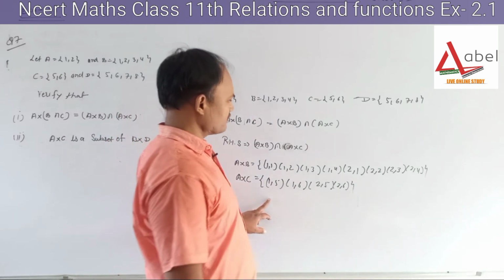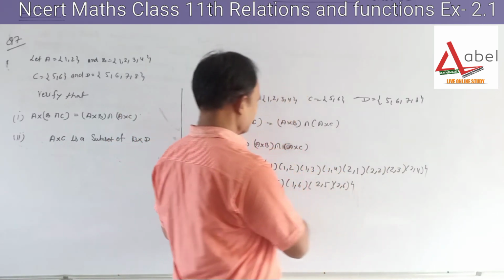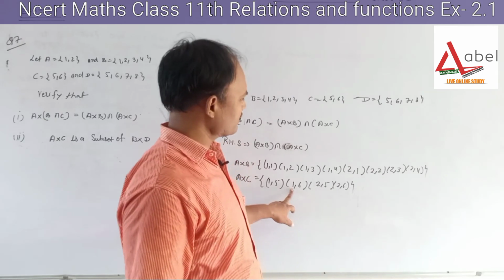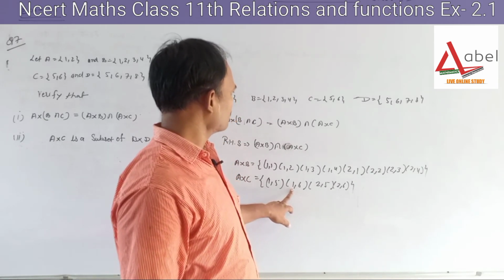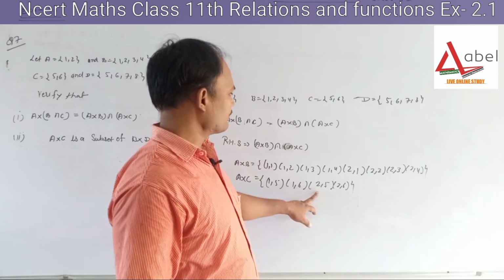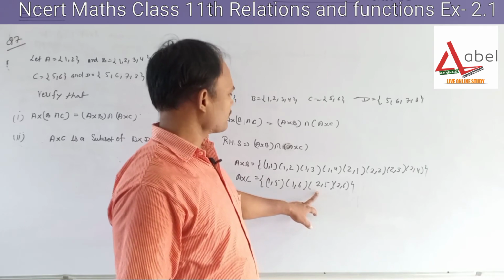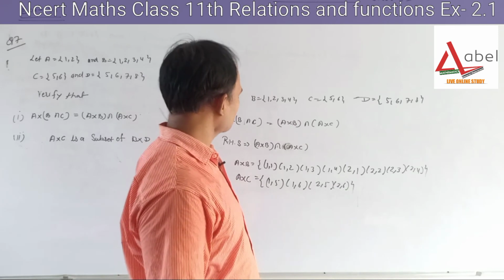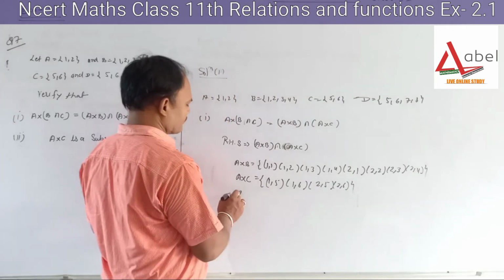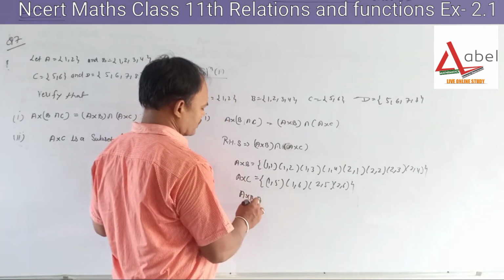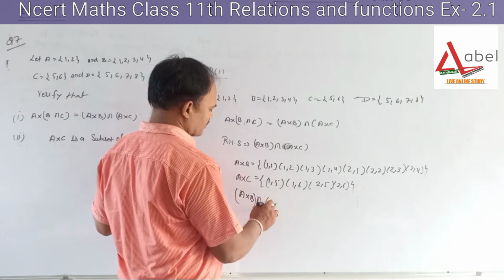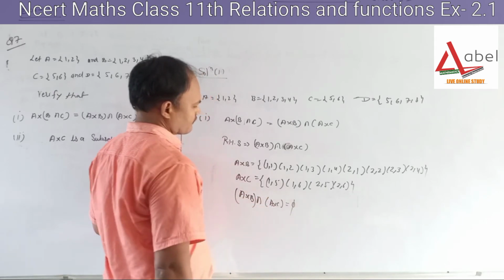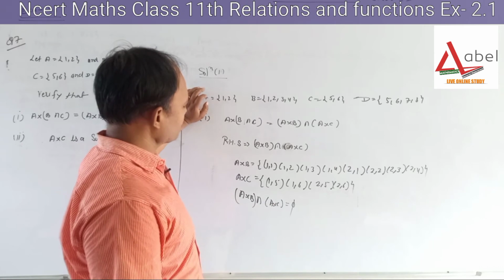Is (1,5) here? No. Is (1,6) there? No. Is (2,5) there? No. Is (2,6)? Also not there. So (A cross B) intersection (A cross C) equals empty set, because there is no common element.